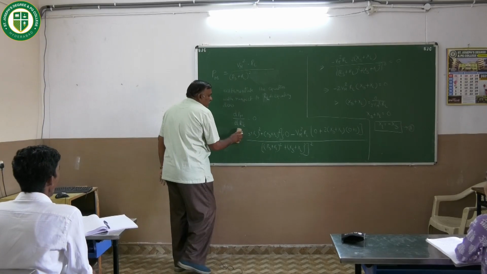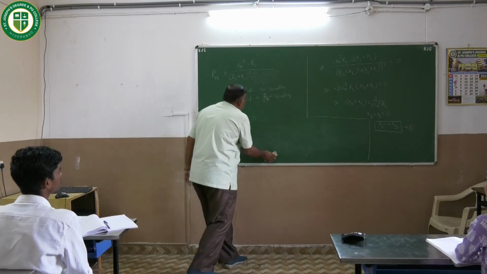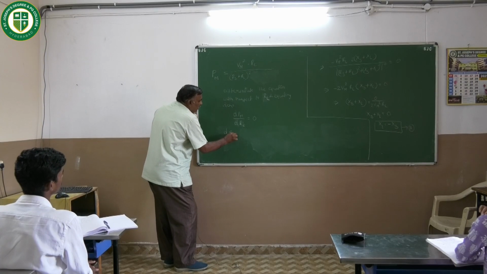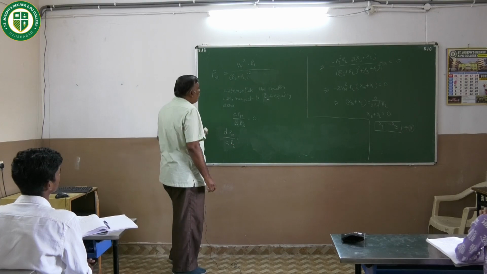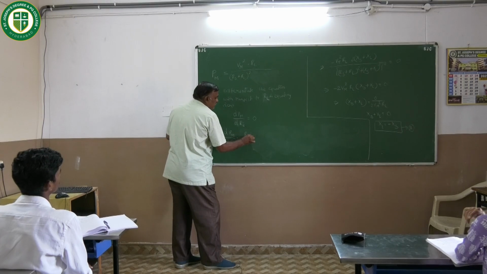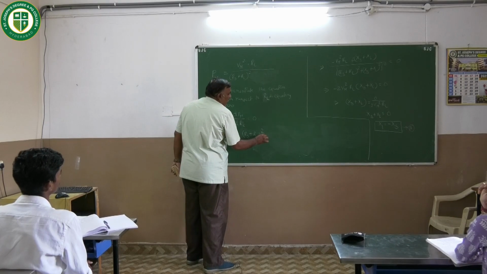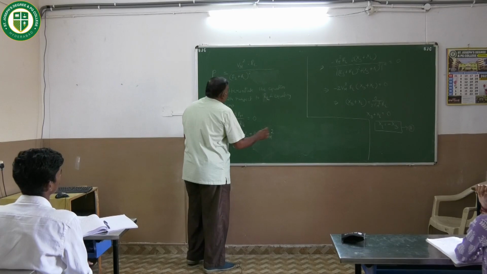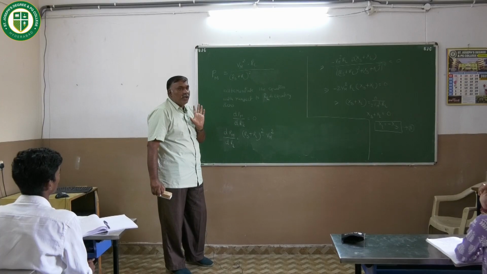Now do the same story, it is also in the form of u by v. So dPm by dRL is equal to (Rs plus RL) whole square into Vm square into dRL by dRL, which is 1.